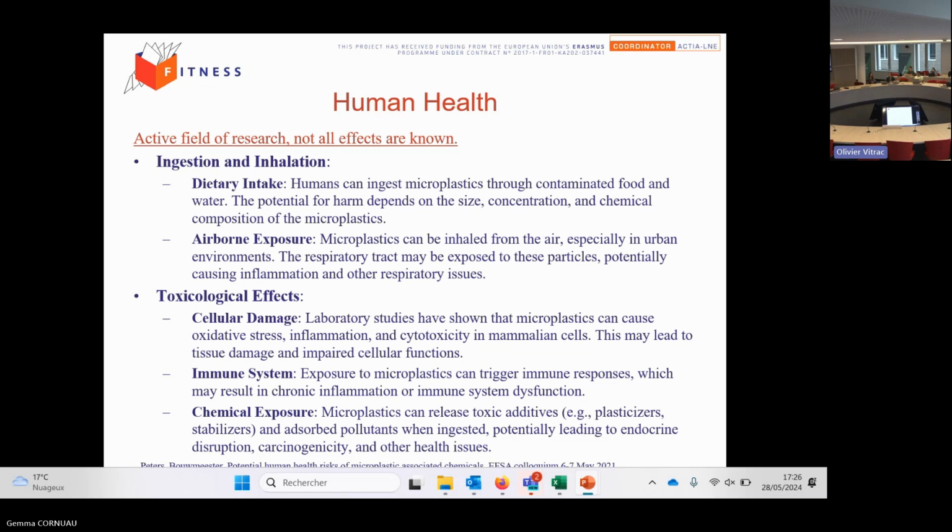The immune system can be triggered. Microplastics could trigger immune responses, which may also result in chronic inflammation and immune system dysfunction. And again, the problem of the chemical exposure, because plastics can have toxic additives inside or NIAS. And then we are coming to what we are already managing also for the food contact materials.